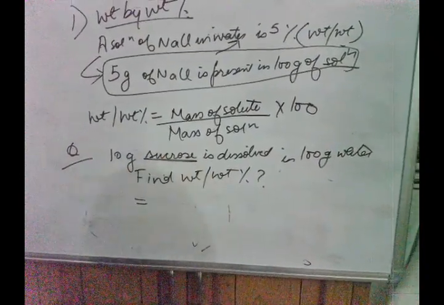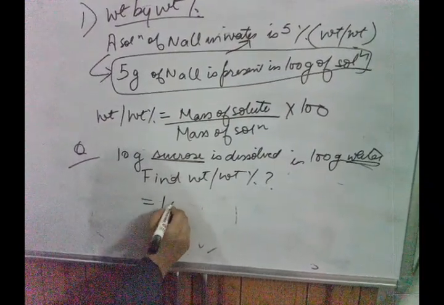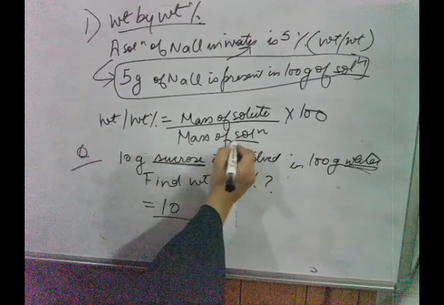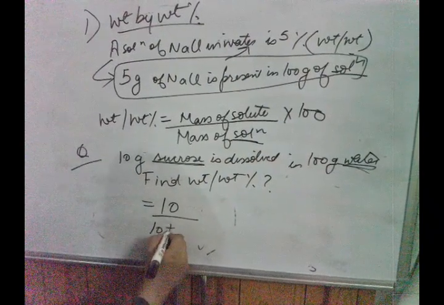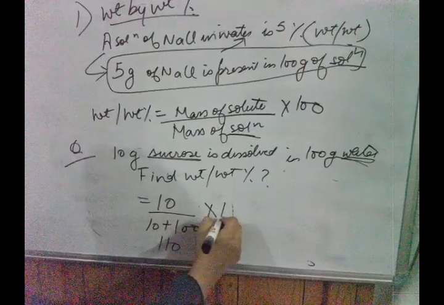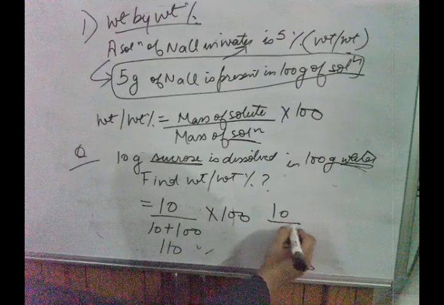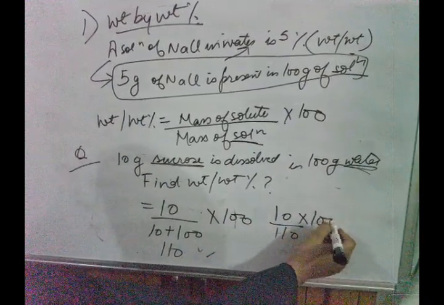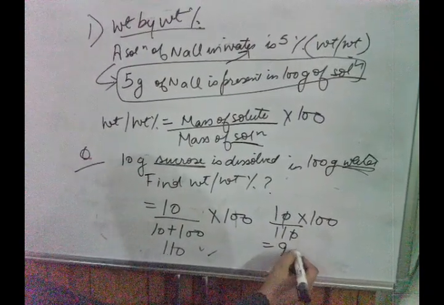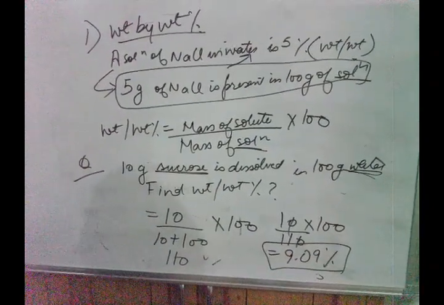You know this is the solute, this is the solvent. So mass of solute over mass of solvent plus solute, you have to use the solution mass: 10 plus 100, that is 110, into 100. So that is 10 by 110 into 100. This is 100 by 11, that comes out to be 9.09%. That is weight by weight percent.